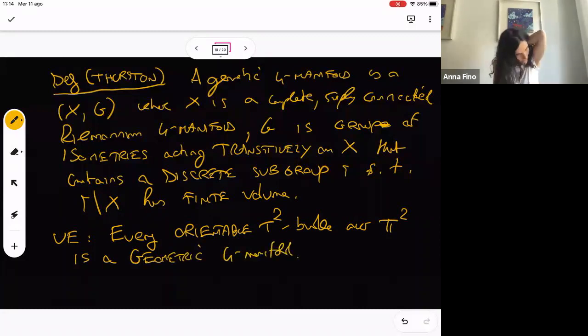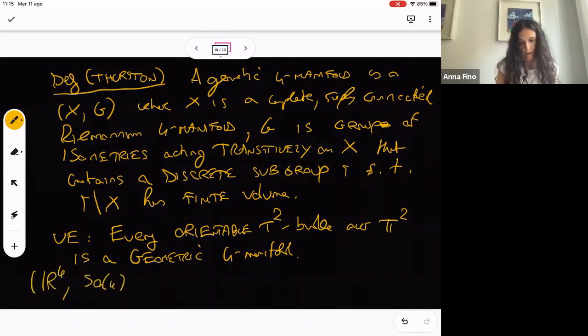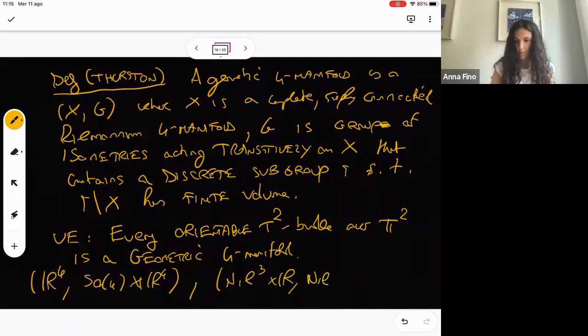And you have essentially these cases: R4, with the usual isometry, the semi-direct product of R4 with SO4. Then you have Nil3 cross R, then you have some Nil3 cross R, which are just translations, but then you have an extra rotation, so you have something times S1.